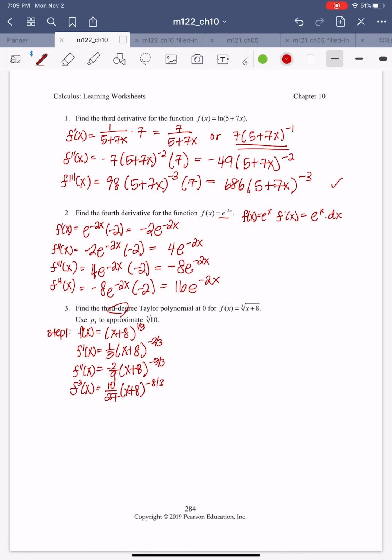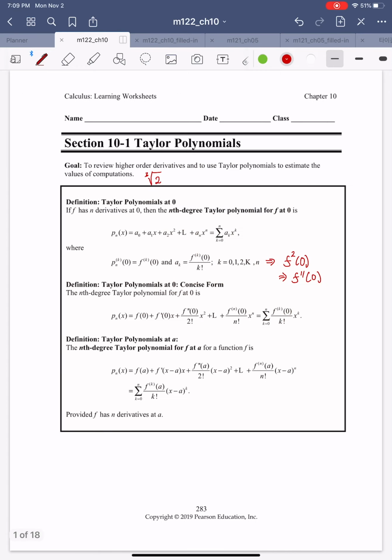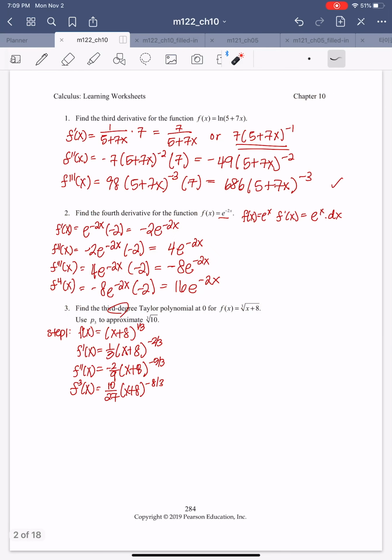Okay. Step 2. Once we have all these, we need to substitute zero into all those derivative functions. So let's do that. Step 2, f of 0. I'm going to take this one and plug in 0 for each one, and that's going to be my coefficient value.